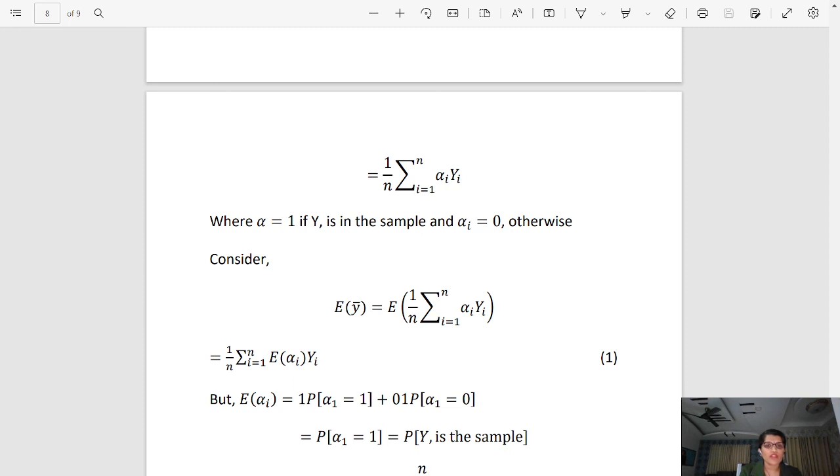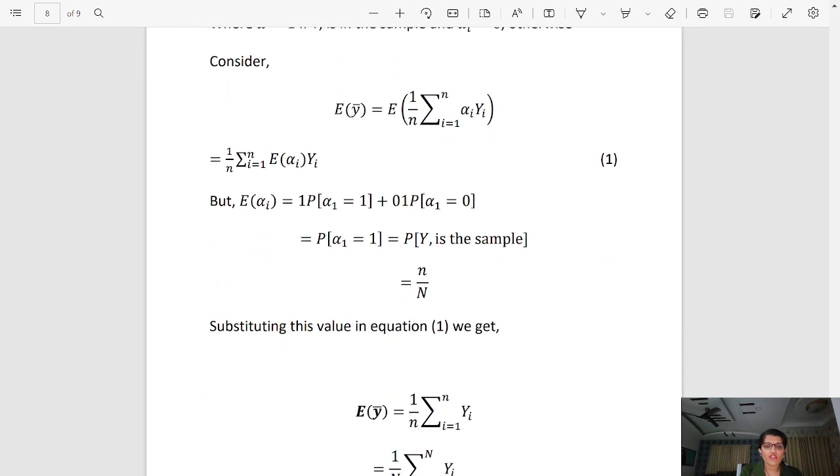This is 1 if it is in the sample, or it is 0 if it is not in the sample. So in simplification, we get the expected value of alpha i is n upon N. So substituting this value in equation 1 we get the expected value of y bar is 1 upon N summation of Yi.